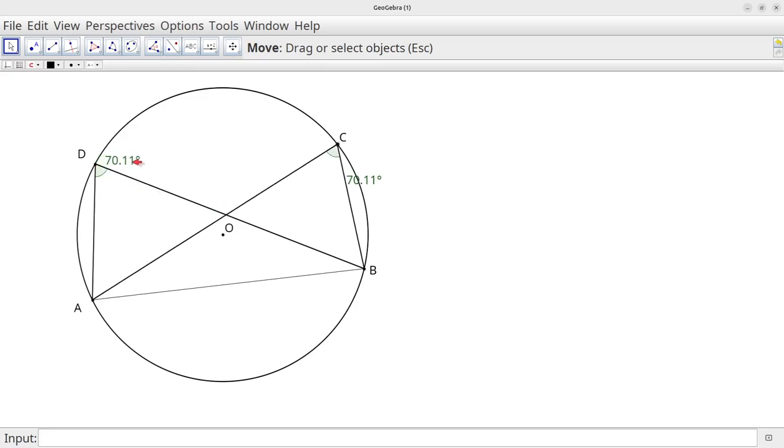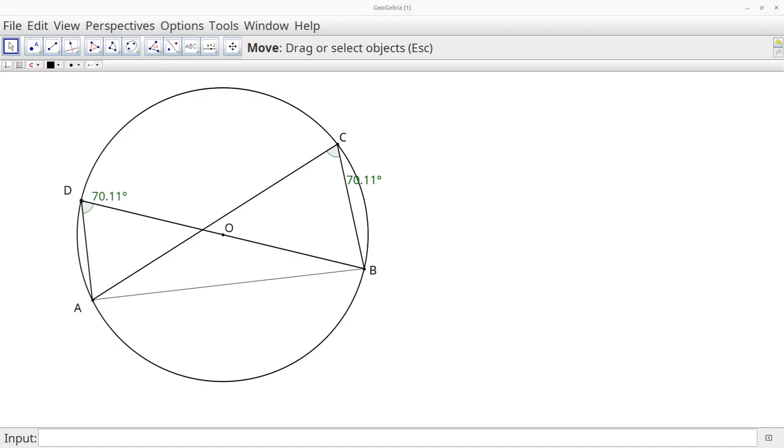Now, why is this true? Maybe let's look at how we can prove this theorem using some algebra. Why is it true? Why are the angles on the same segment subtended by the same chord equal? Let's look at how we can prove this one.